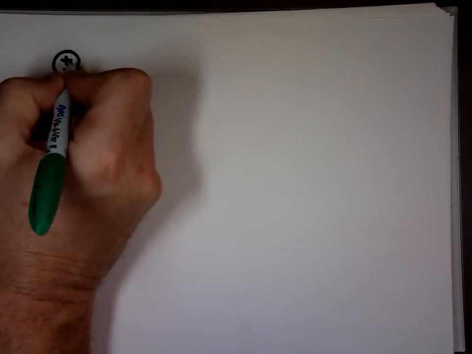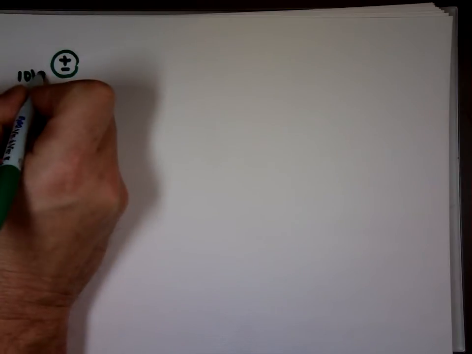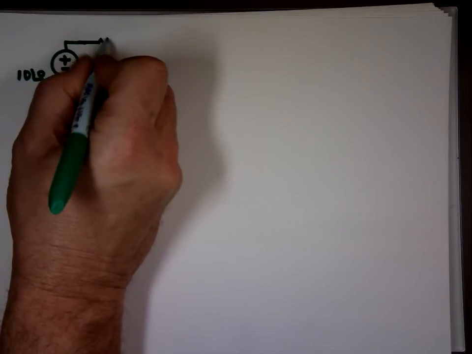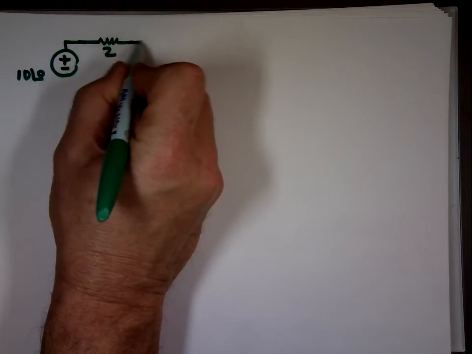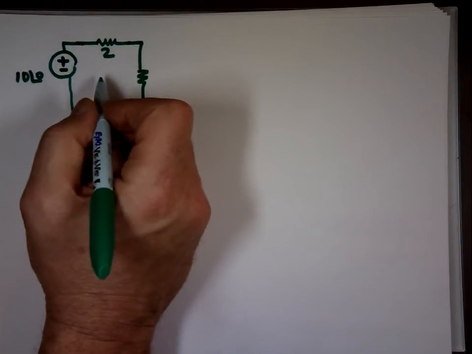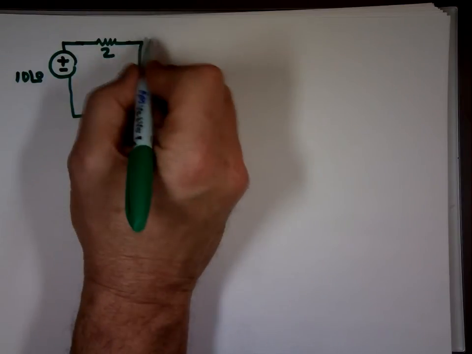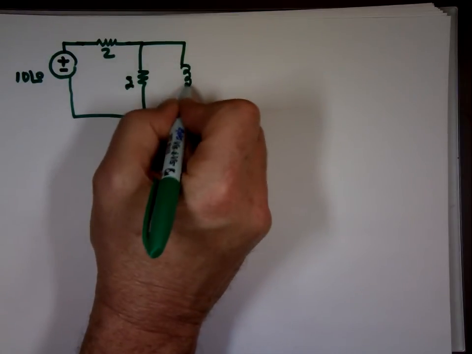And I have, I should have left a space there, 10 angle 0, two, two, there's my dot.